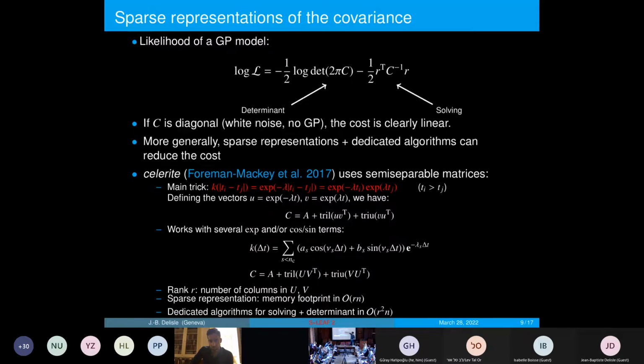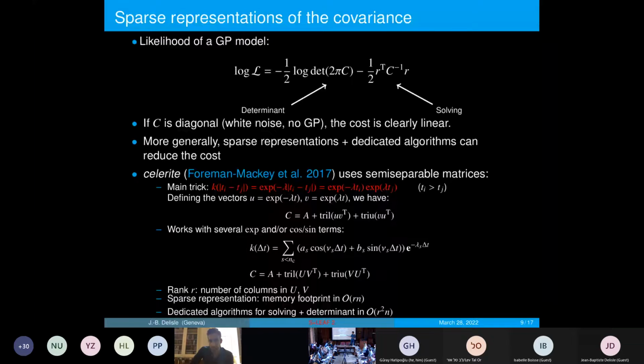In this case, we have just vectors, so it's rank 1, with just one column. But if you have a higher rank, it starts to be a bit more costly to evaluate. The cost of evaluating the likelihood scales as the rank squared times the number of measurements.